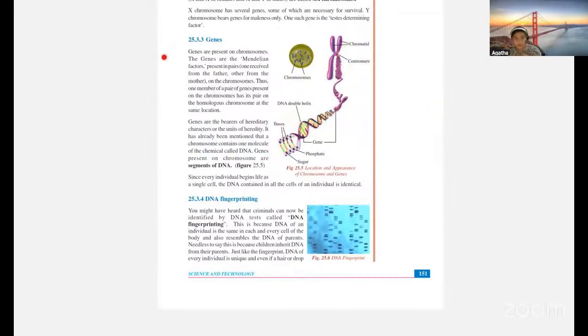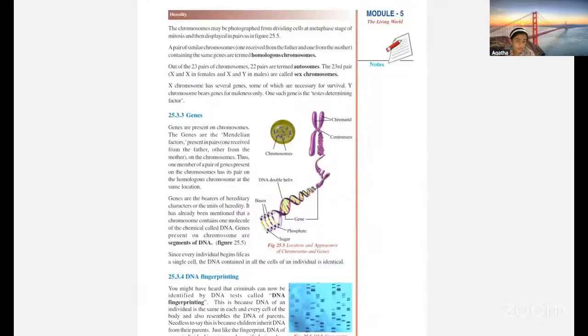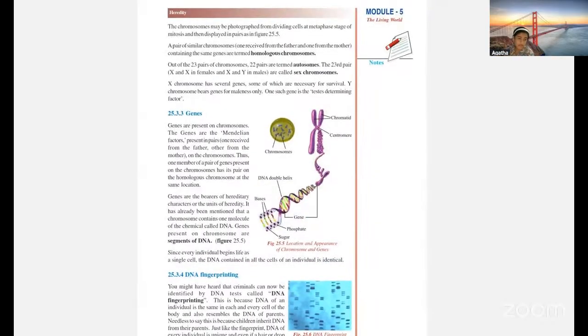Genes are present on chromosomes. The genes are the Mendelian factors present in pairs, one received from the father, the other from the mother, on the chromosomes. Thus, one member of a pair of genes present on the chromosomes has its pair on the homologous chromosome at the same location.